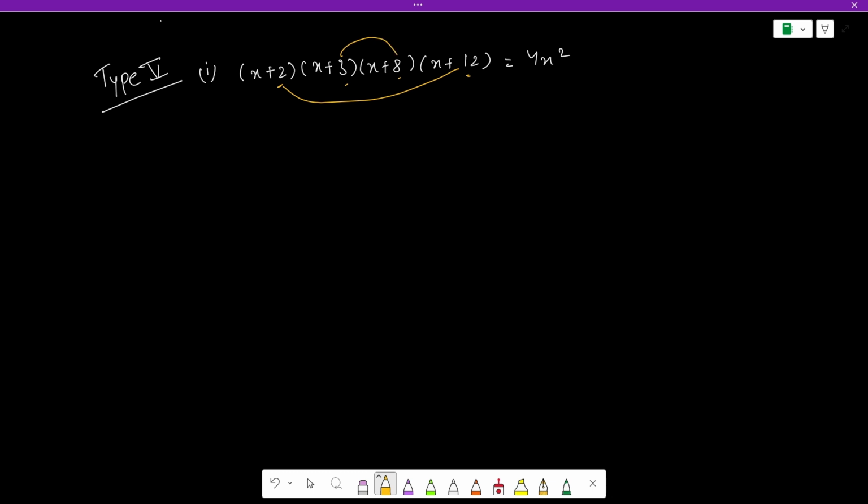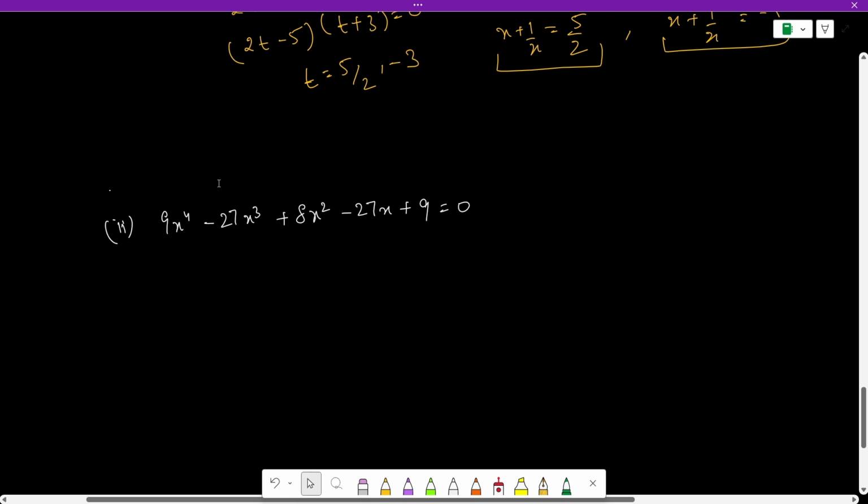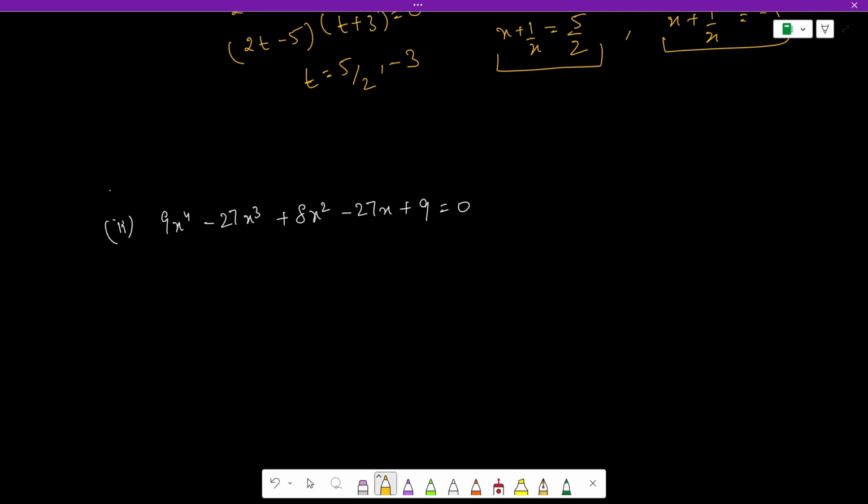Now we can use this fact, and also we can use the trick that we use in this type of question to solve this. Let me show you how we can do this. Just club them and multiply them.